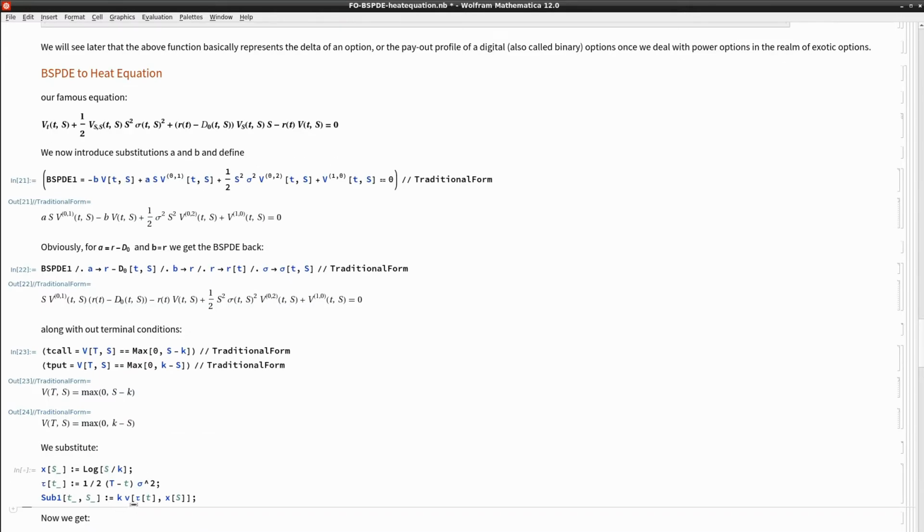Next, we make more substitutions, and they are motivated by going to a logarithmic stock price. I had touched on this before in the previous session. This is called the moneyness. Moneyness is the ratio of stock price over strike, and we want to deal with logarithmic stock prices here for our Black-Scholes theory.